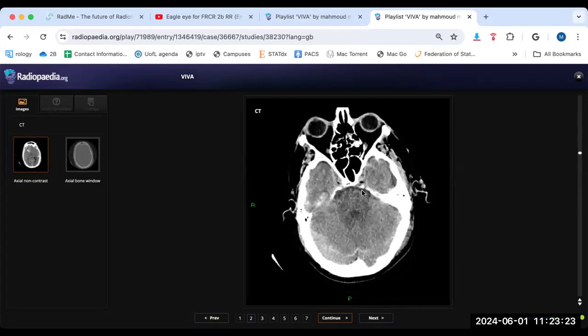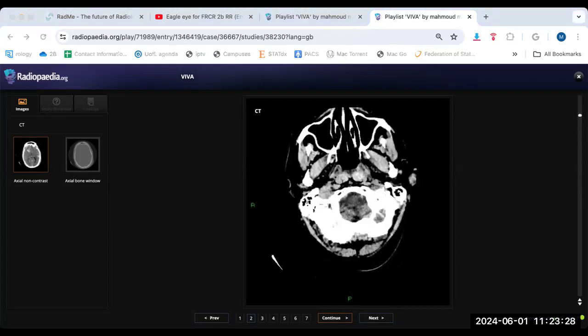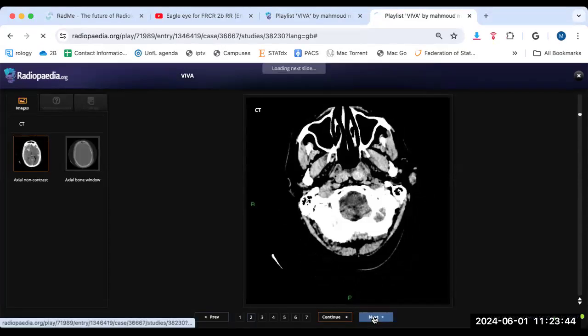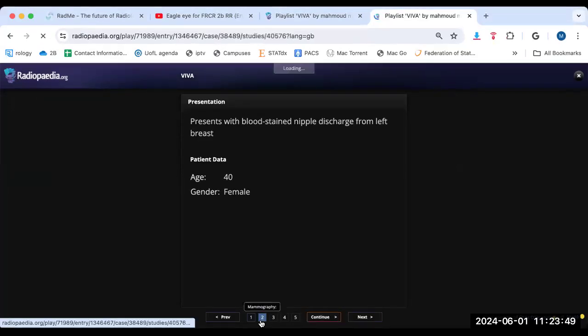What will you do next? I will immediately call the treating physician because this patient needs immediate intervention to decrease the intracranial compression, either by medication or decompression of the hematoma. Thank you.